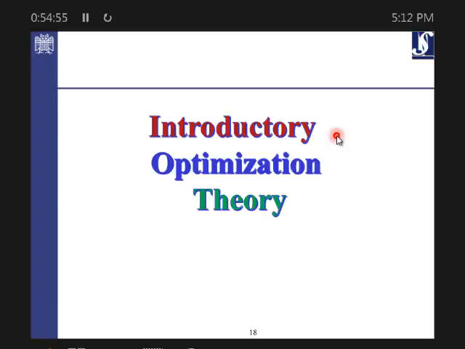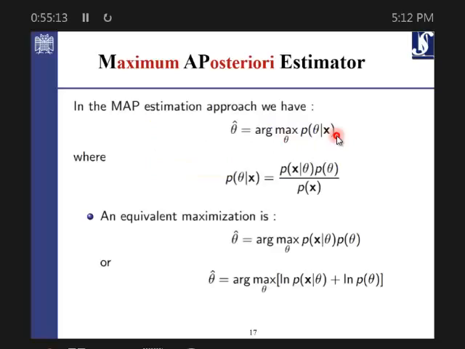When it's constant, you can ignore it in the maximization, in the optimization problem. Then the left-hand side, which is the posterior, is equivalent to the right-hand side, the likelihood. So maximization of the posterior, which is MAP, gives the same result as MLE. Here, the MAP gives you the same result as this one. Why? Because this is constant and this is constant. You maximize this, it is just the same as maximizing the left-hand side, which is the posterior.